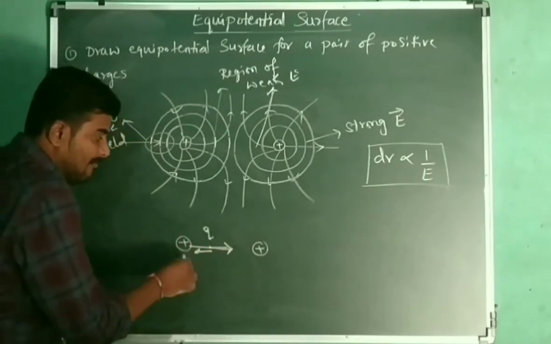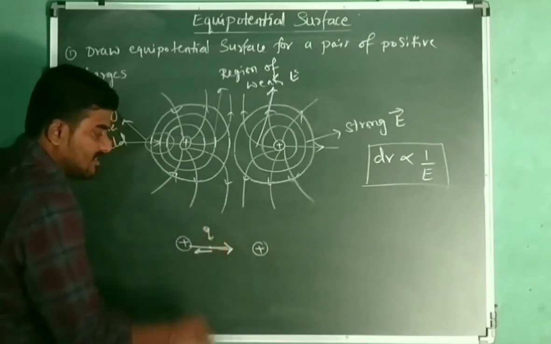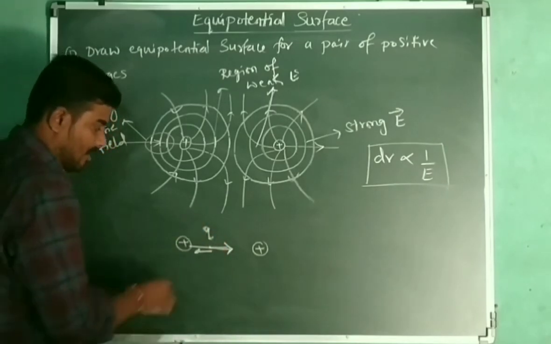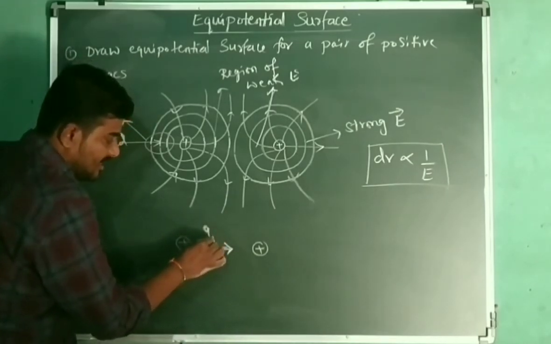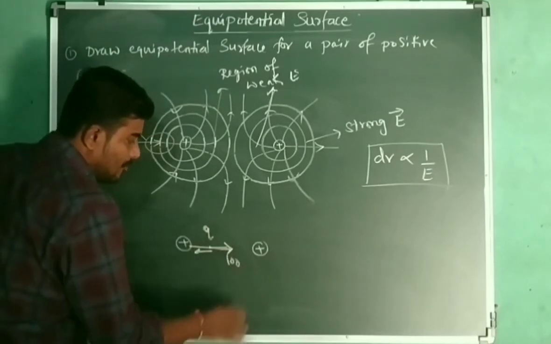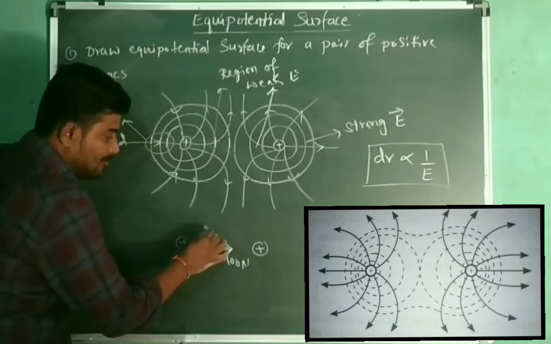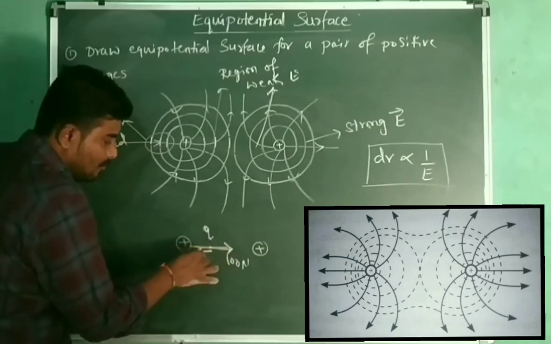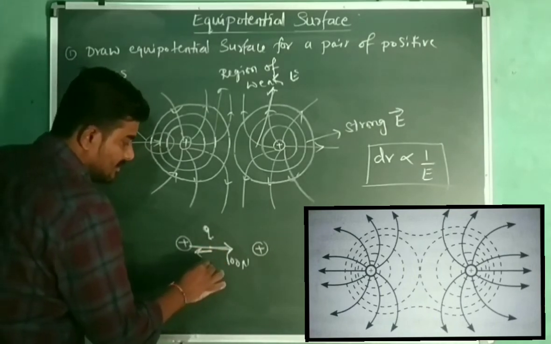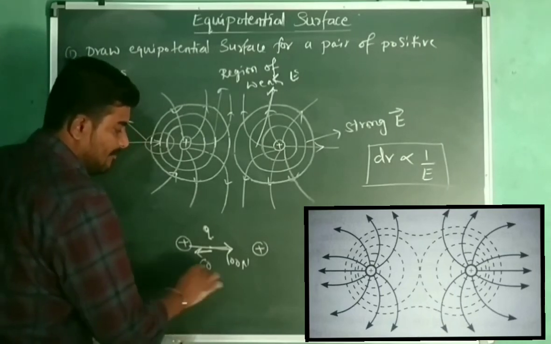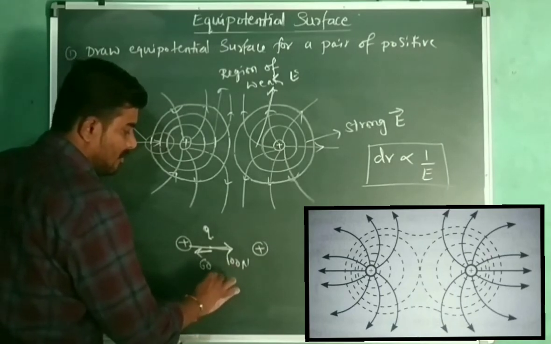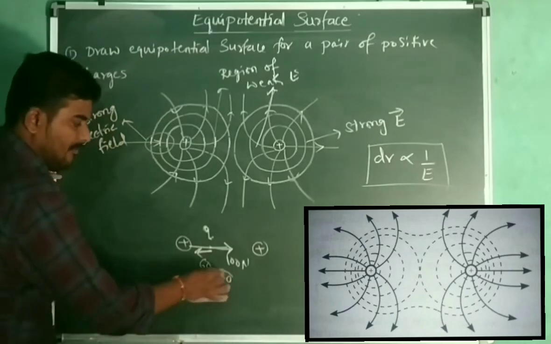Therefore the net force on this charge is less. For example, if it experiences a 100 Newton force in this direction and a force of say 60 in this direction, then the net force is 100 minus 60, which is approximately 40.